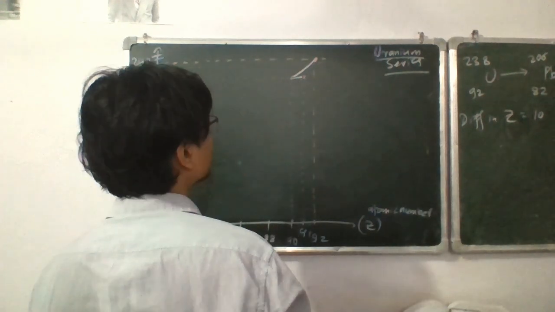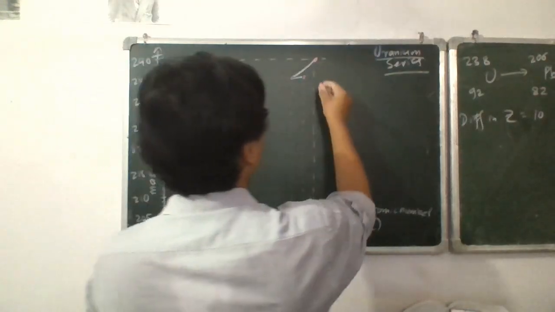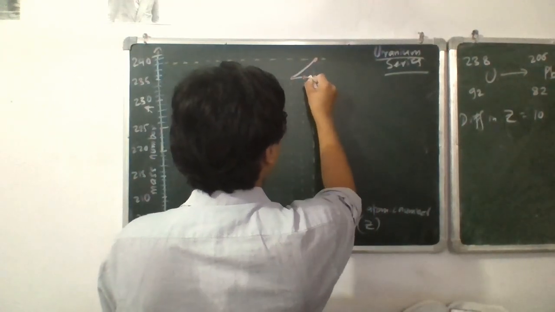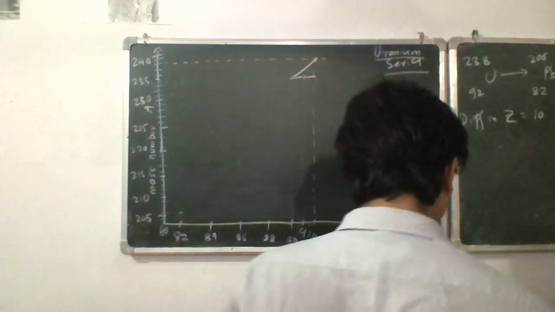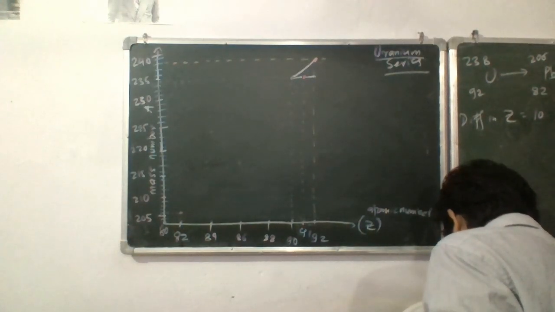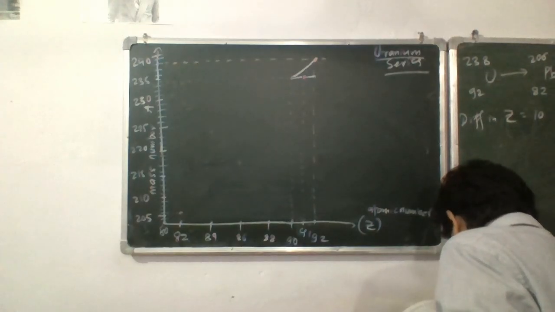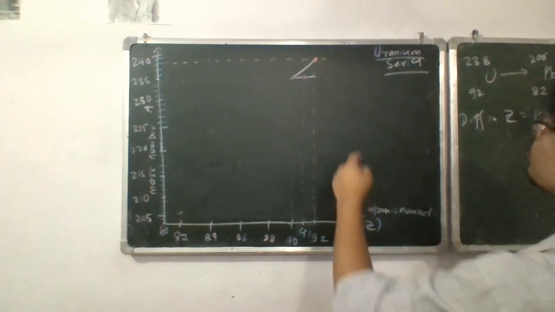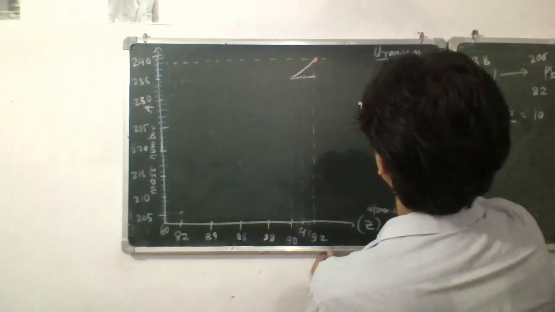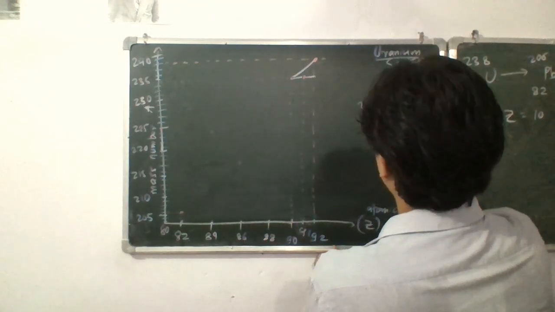So we have got a point here. What after this? Now I have got 234 and 92.